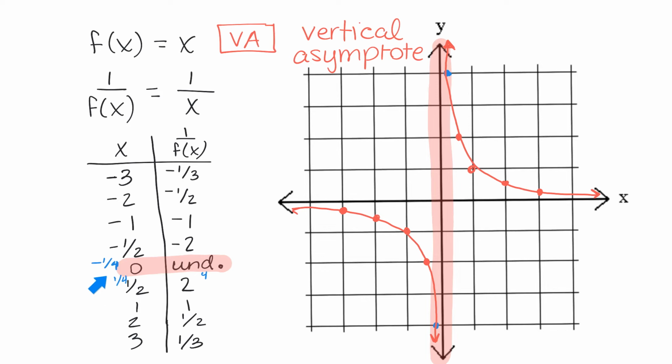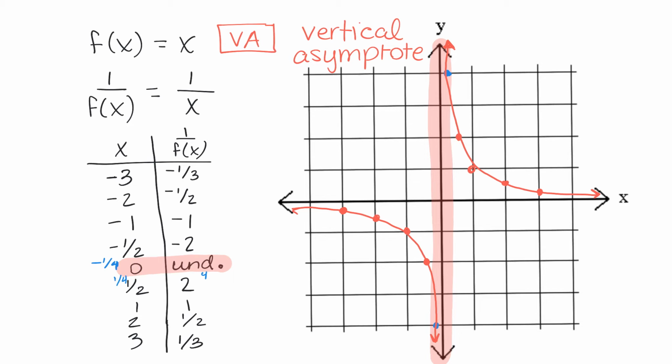If we went to a fifth, an eighth, a tenth, or a 100th, we would be getting that much closer and that much further up and down the y-axis, right? So these are called the vertical asymptote. And if you'll notice, the vertical asymptote occurs wherever you have an undefined value.